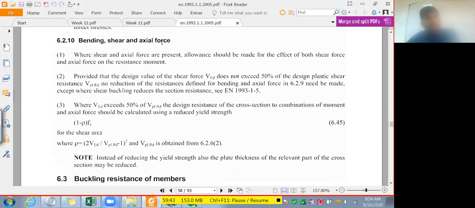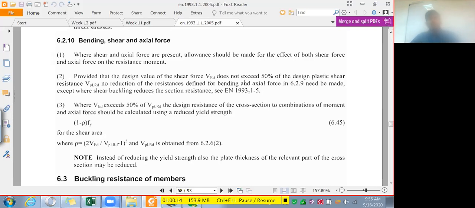When you have all three, bending, shear, and axial forces, then you have to reduce the bending capacity based on the axial and shear force. Provided that the design value of the shear force VED does not exceed 50% of the design plastic resistance, no reduction of the resistance defined for bending and axial force in 6.29 need be made except where shear buckling reduces.